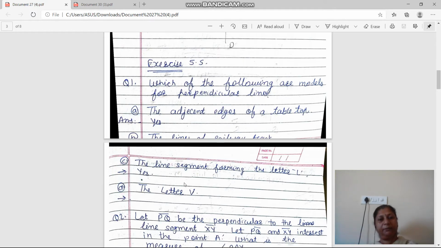The letter V, see, it depends. If the letter V is making a right angle, then it is, or otherwise mostly it is not. Then the line segments forming the letter L, definitely 90 degrees, the letter V not. Okay, question 2.